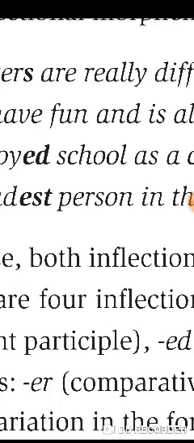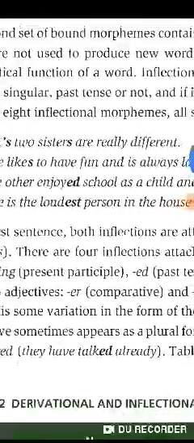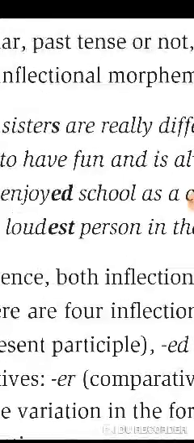Okay? Inflections. So in Arabic we have, let's say, sometimes we say kitab, no inflection. Kitabain. Ain is a kind of inflection. But not kutub. Kitabun, we don't use the word kitabun actually. Kitaban.